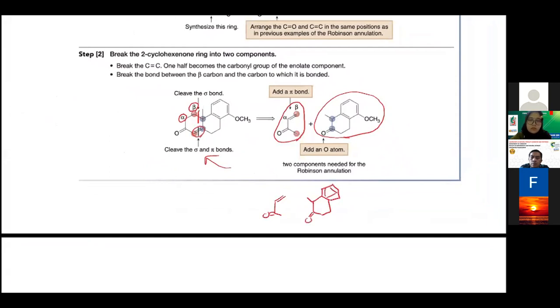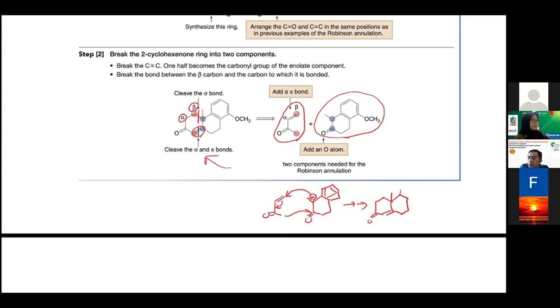And this activated alpha position attacks here and here and here again. And so the protonation and the elimination also occurred. So we can make this structure.